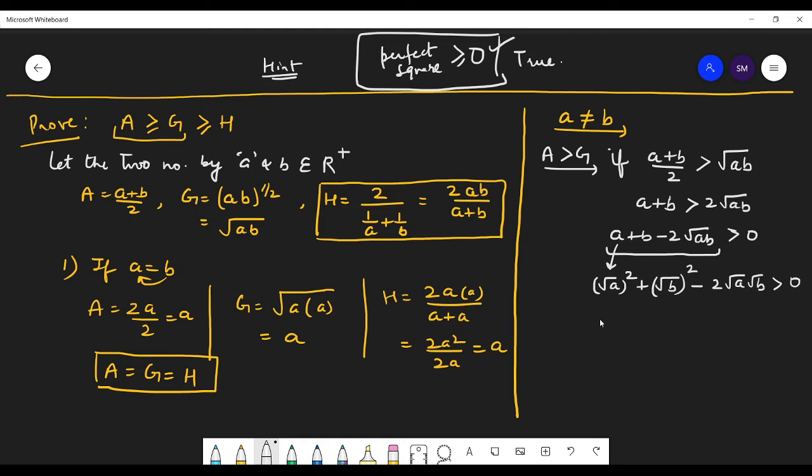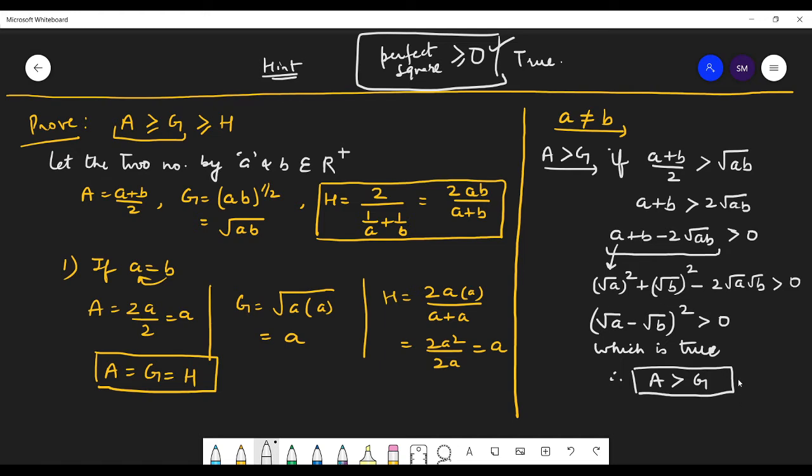And this you can write as (under the root a minus under the root b) whole square is greater than 0. Which is true. Therefore, arithmetic mean will always be greater than geometric mean if a is not equal to b.